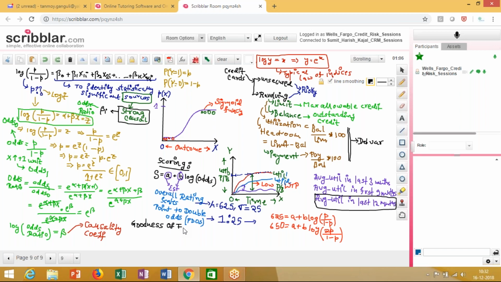What we have over here is the goodness of fit. So the question is, how do we assess the goodness of fit of the associated models? To assess it, what we would do is the following.